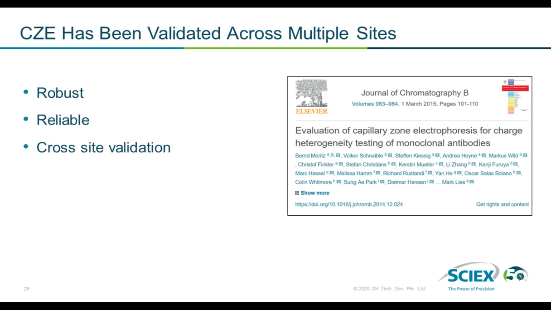And what's even better is that you can be really confident in the method's reliability and its robustness, as it's already been validated across multiple sites, with many of the participants being the companies you work for that participated in this evaluation just a few years ago.